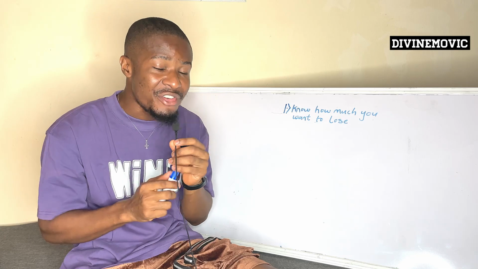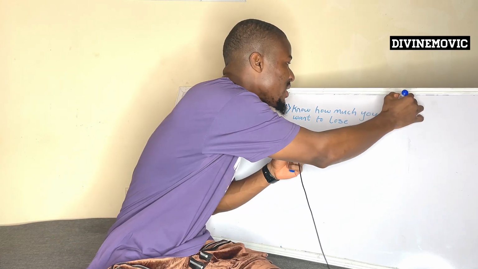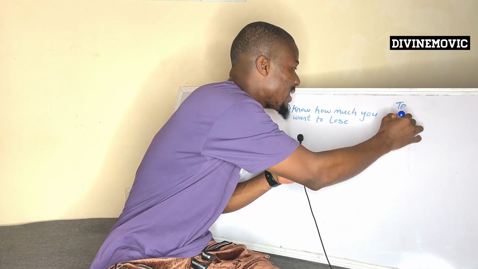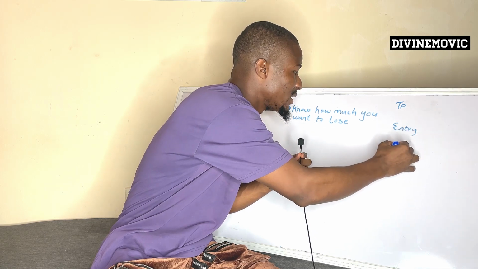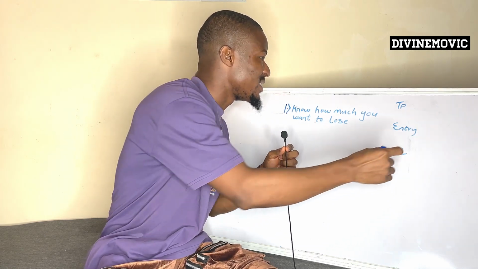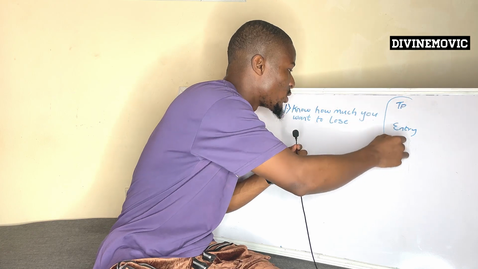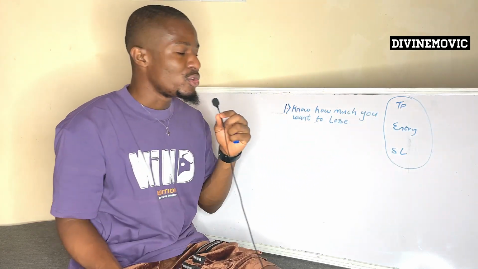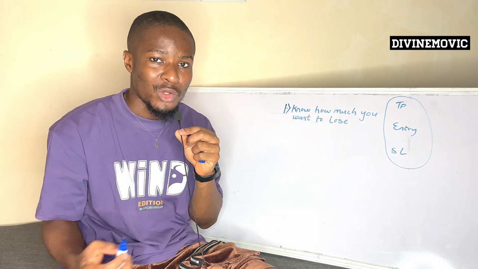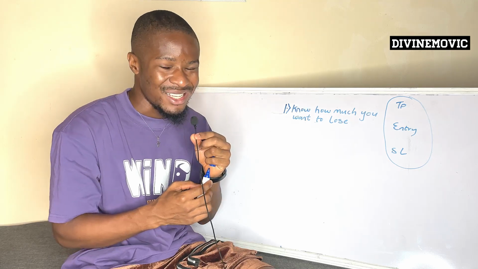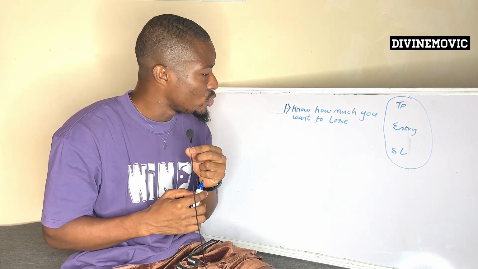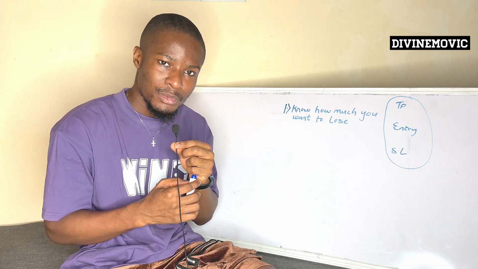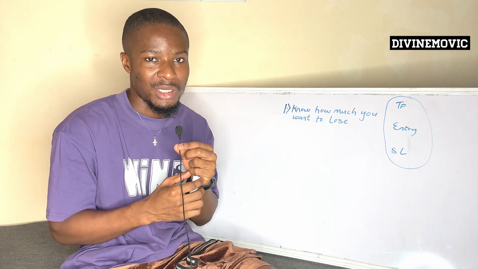Remember that every setup you have will simply have a TP, an entry, and a stop loss. This is simply what makes up a setup. For you to properly identify the correct lot size, you must have a setup, and then you will know how much you want to lose on that particular setup. That is the first thing you want to understand.